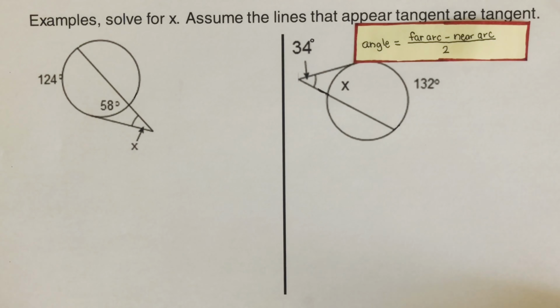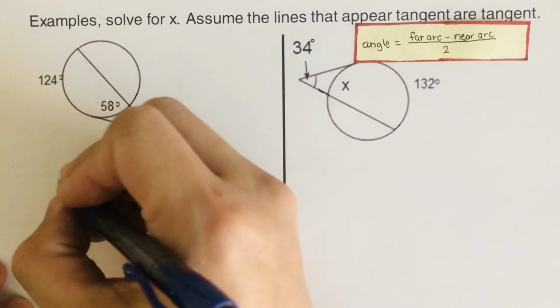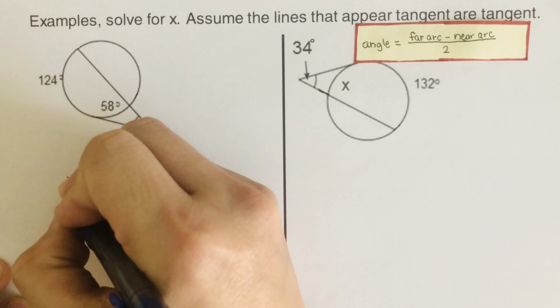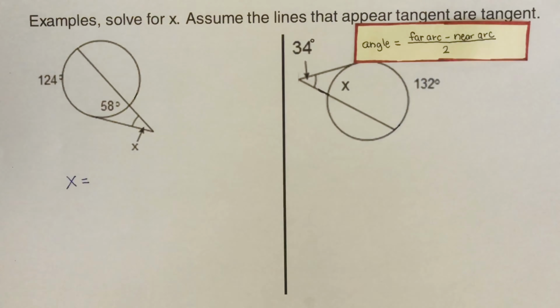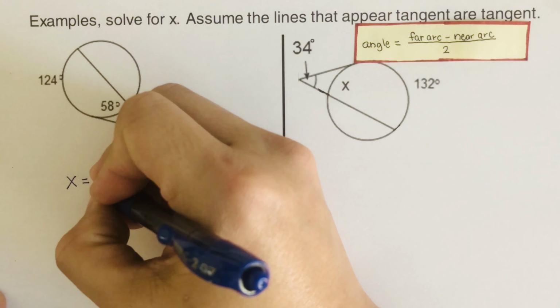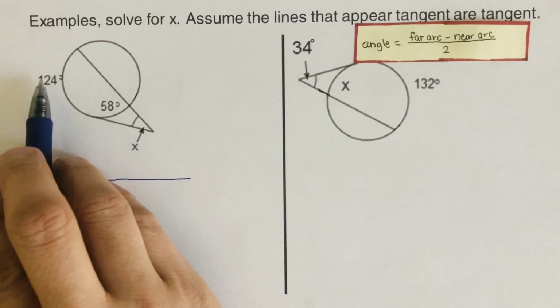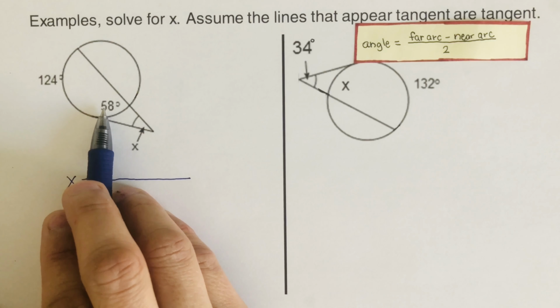So first we have the angle. So our angle is x. So x is equal to, then we look for the far arc. Far arc is far away from the angle. So this is our far arc, this is our near arc.